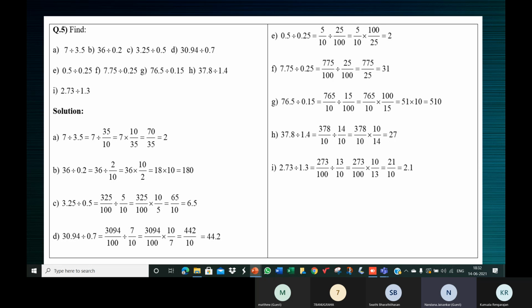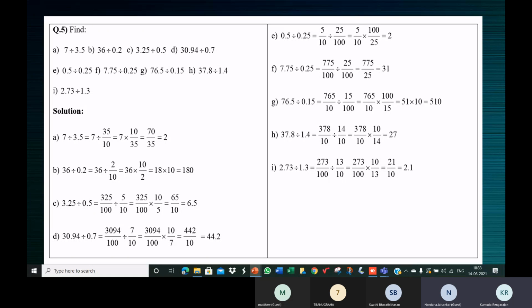So we get 378, and the last digit is 8, so one digit after the decimal. So it will be 378 by 10. And here also there is only one digit, so it's 14 by 10. When we multiply 378 by 10, 14 by 10 will change into the reciprocal, so it will be 10 by 14.